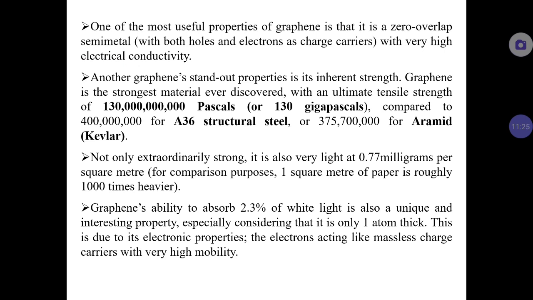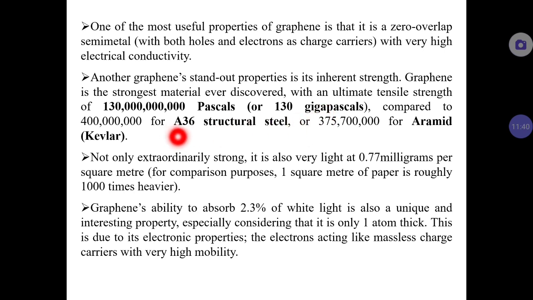And one of the outstanding properties of graphene is its inherent strength. It is the strongest material ever discovered, with an ultimate tensile strength of 130 gigapascals.